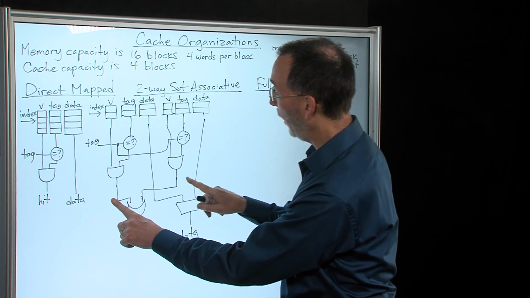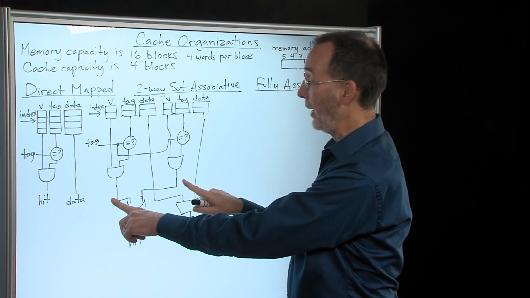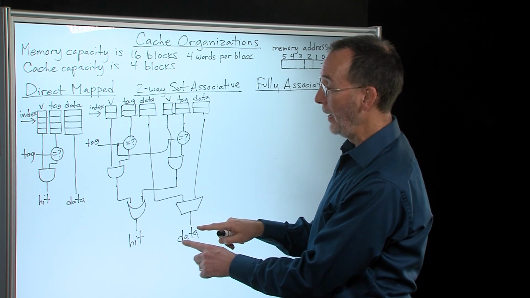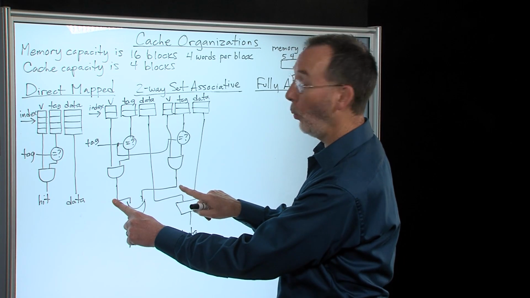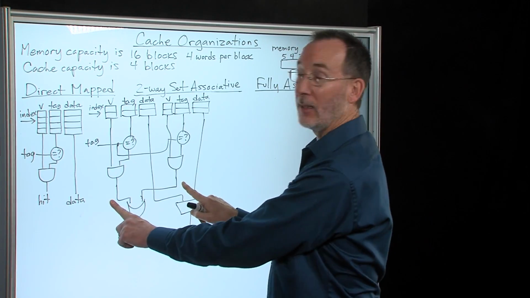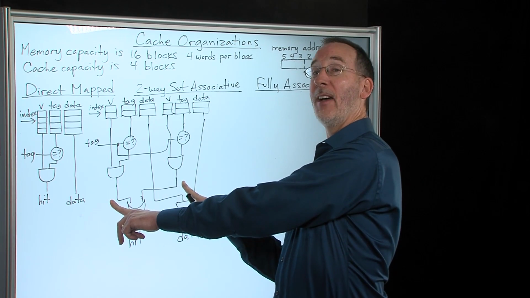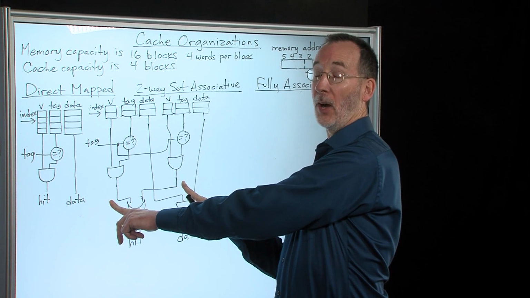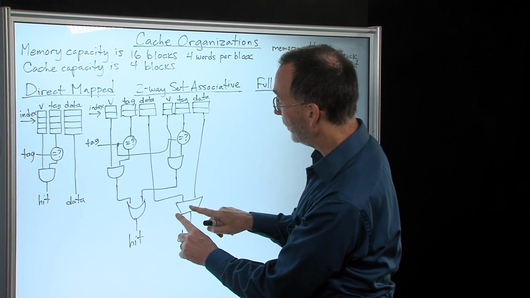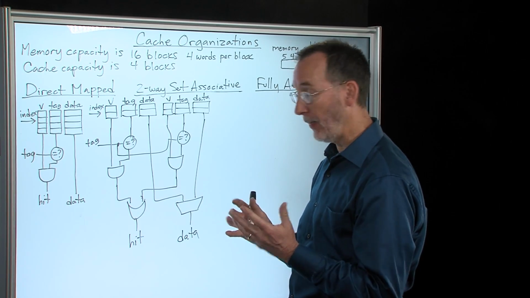So if this is a 1, this is going to be a 0. And then I will select this data to appear out here. And if this is a 0 and this is a 1, then I'm going to select this data. So this is, in effect, our true and complemented values of our select input to our multiplexer. So we can feed both of these into our multiplexer to indicate that.